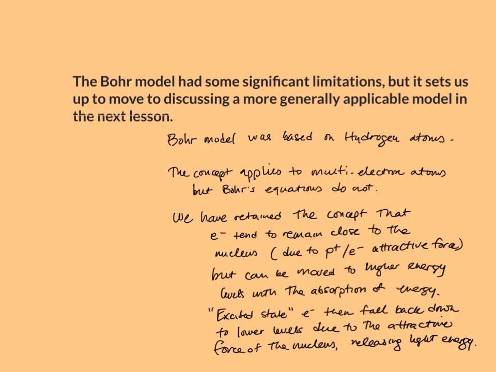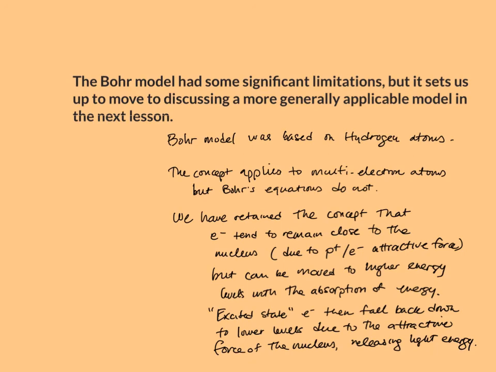So this is a quick summary of really the lesson in this first video lesson for you. The Bohr model was based on hydrogen atoms, which he chose because they're the smallest atoms with the simplest electron arrangement. The concept of what he was saying does apply to other atoms, but his equations, which we have not seen and will not see, do not apply.